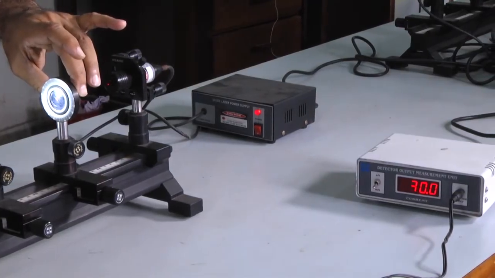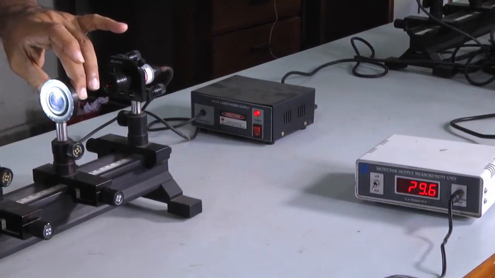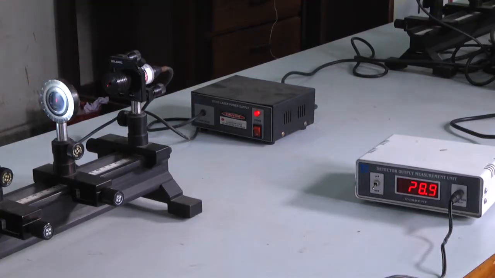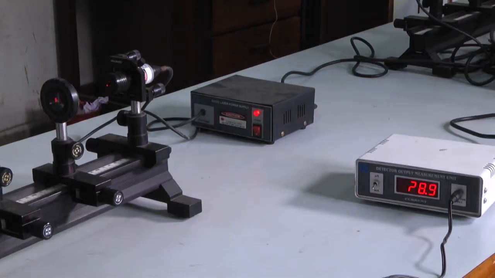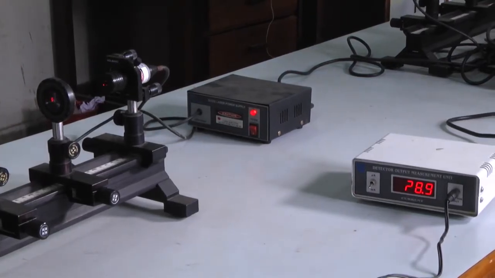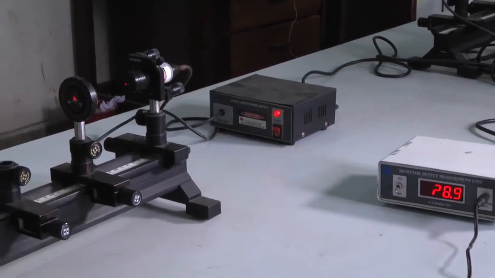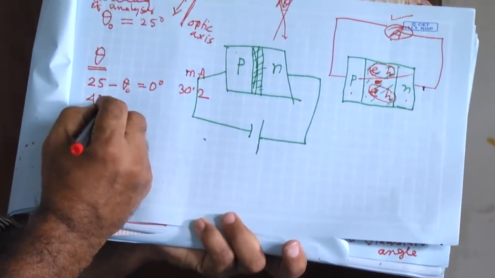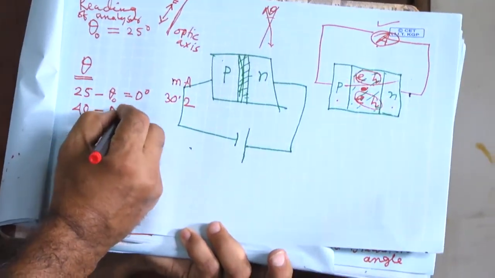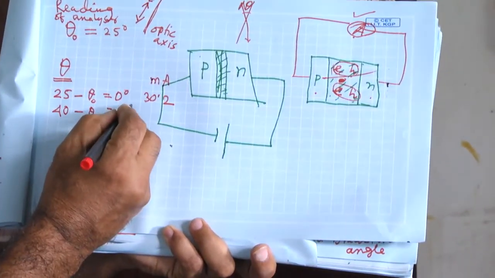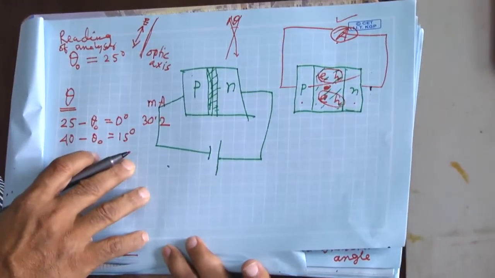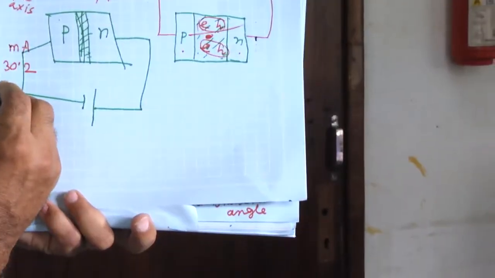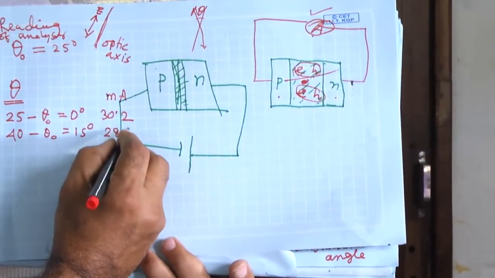Let me put it at 40 degrees, and the current is 28.9. I note it down: 40 minus theta 0 gives theta of 15 degrees, with reading 28.9.